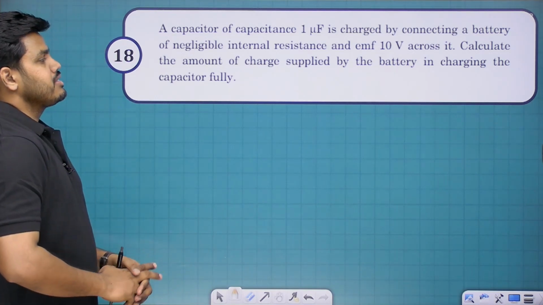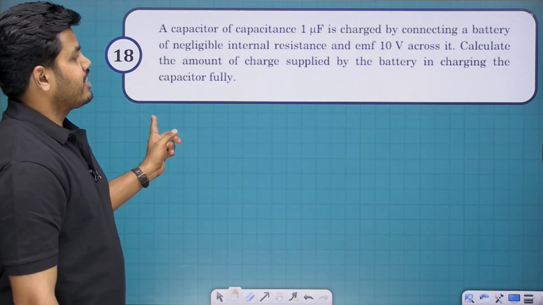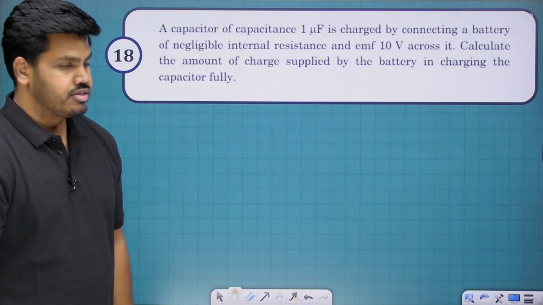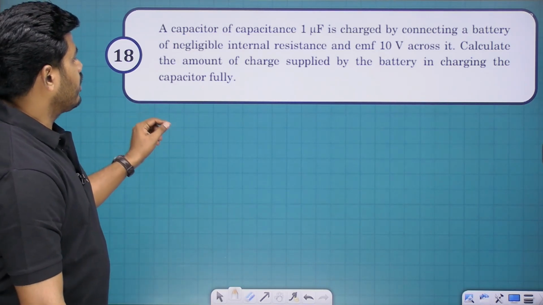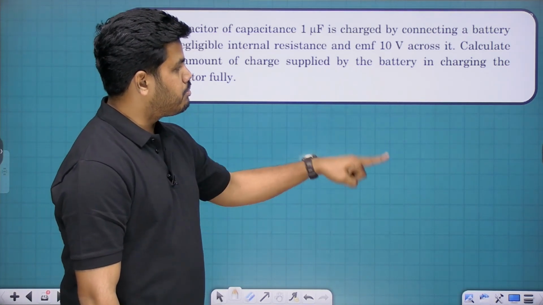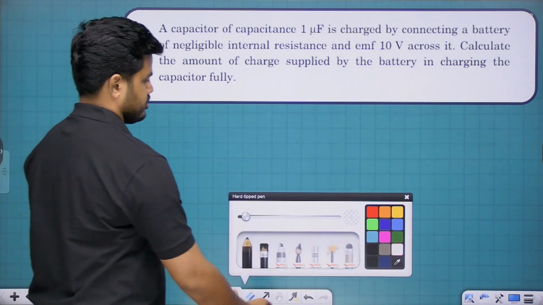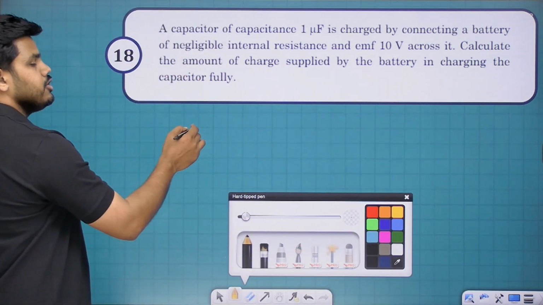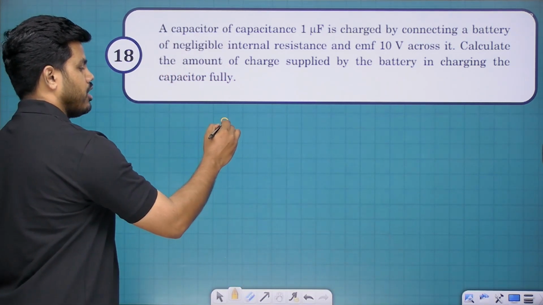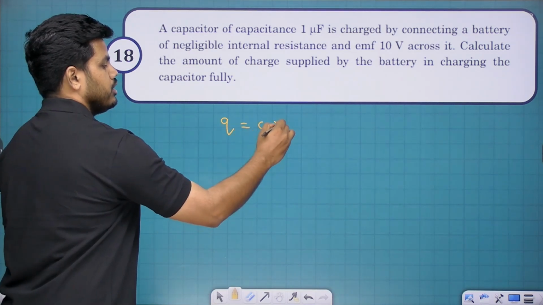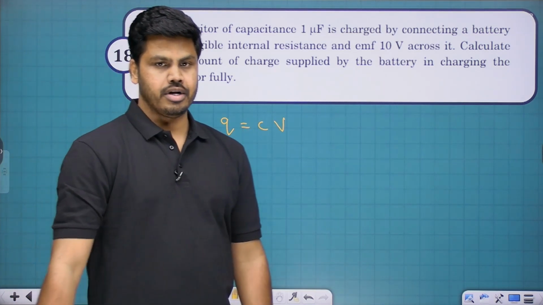A capacitor of capacitance 1 microfarad is charged by connecting a battery of negligible internal resistance of 10 volt. Calculate the amount of charge supplied by the battery in charging the capacitor fully. See, a fully charged capacitor will have a charge Q equal to C times the applied voltage, right?